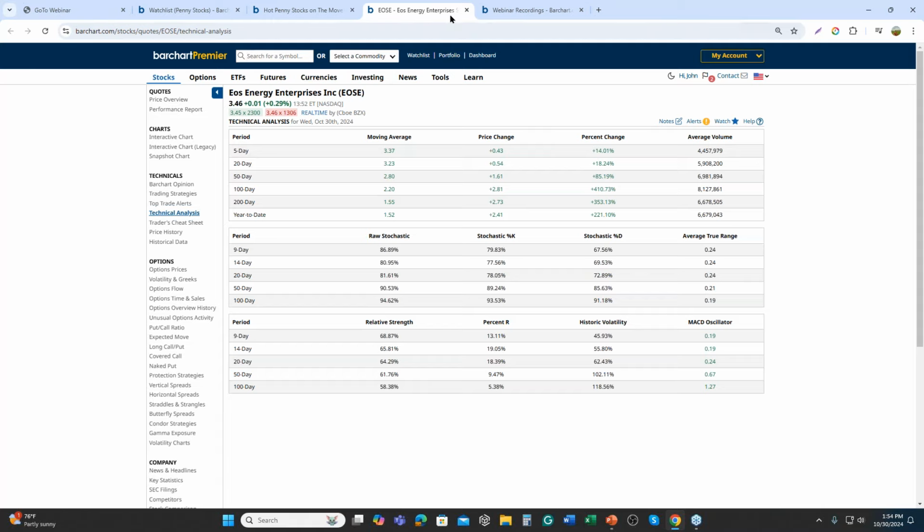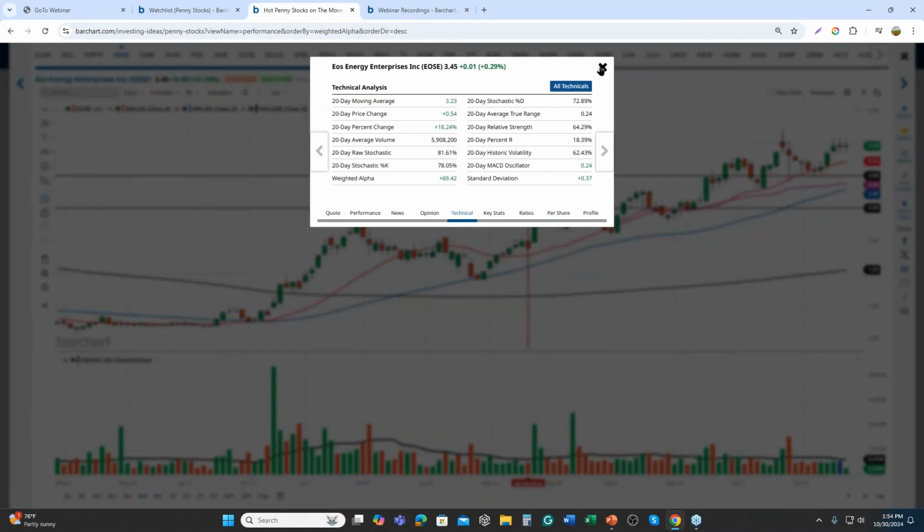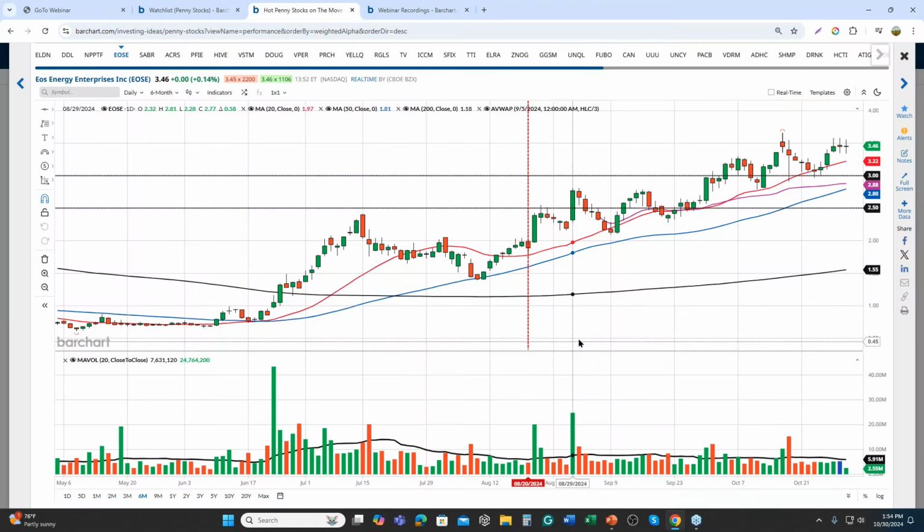This one has been pretty consistent. So 2 times 24 is 48. Let's just round it up and say 50 cents. So 205 was my entry, minus 50 cents would be 155. You can see that puts me near this swing low, which gives me a lot of confidence that that is a good risk amount.